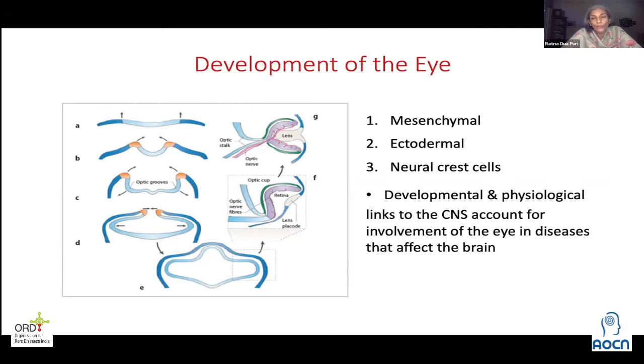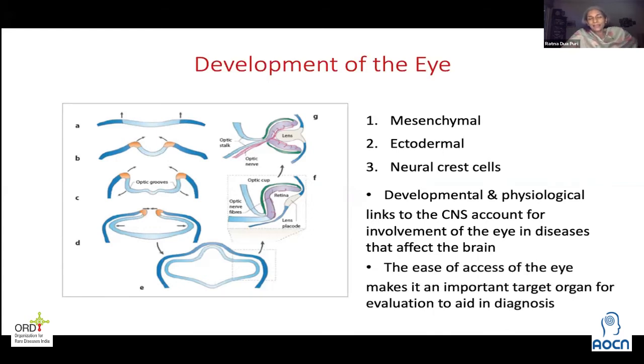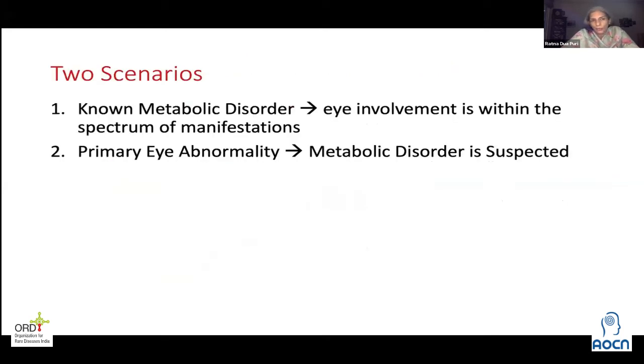Therefore, there is a lot of homology between an abnormality of the central nervous system and the involvement of the eye in various diseases that affect the brain. And the greatest thing about this is the ease of access of the eye, which makes it an important target to evaluate and to make a diagnosis.